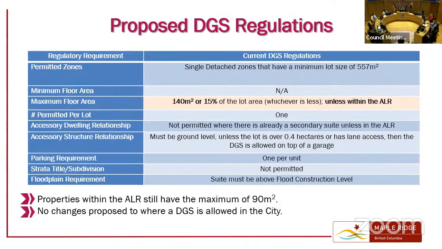And the bylaw before you is proposing to change that to 140 meters squared or 15% of the lot area, whichever is less, unless they're in the ALR, because the ALR has its own maximum of 90 meters squared, so that would not be changing. And there are no proposed changes on where DGSs are allowed in the city.